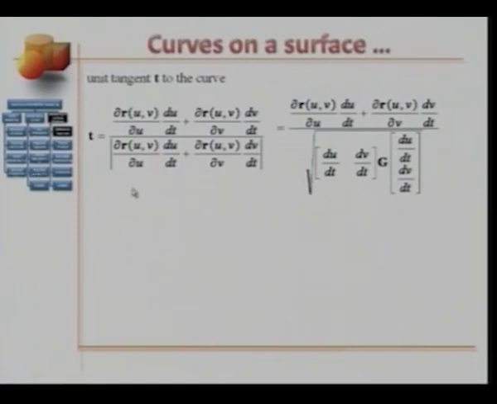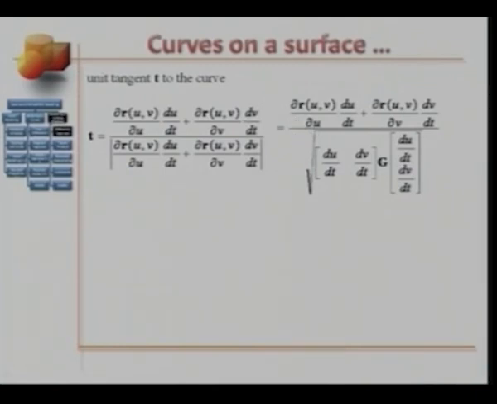From before, we had seen that the modulus of r sub u du over dt plus r sub v dv over dt is given as the square root of the row matrix du over dt, dv over dt, times G that we have defined in the previous slide, times the column du over dt, dv over dt, and we retain this numerator right here.